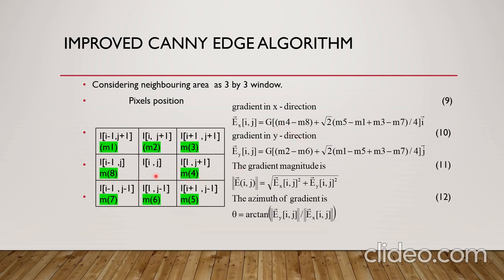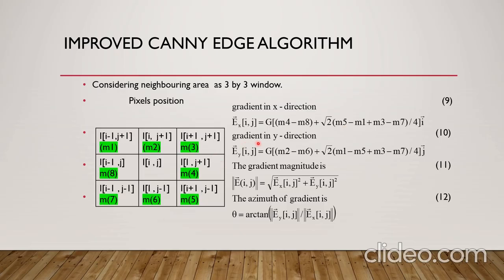Similarly for m3 pixel, the distance between these two is square root of 2, so G into m3 divided by root 2 whole square into root 2, and in x direction, so r vector equals i. And it is moving forward direction, so plus sign. So in this way you can find out the gradient in x direction for all neighborhood pixels.